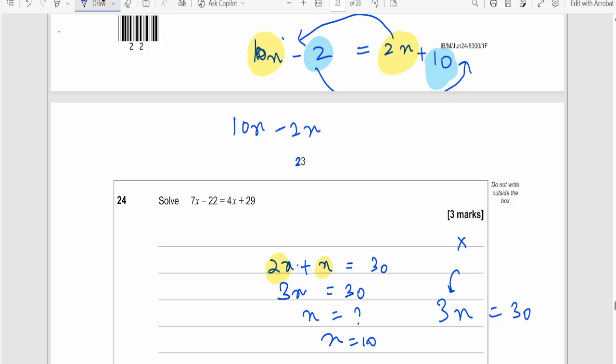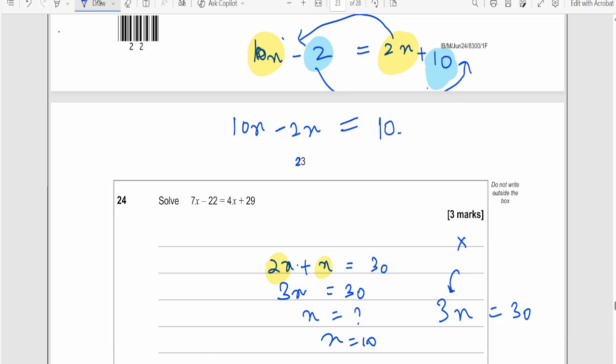Then we have the equal sign here. This side we already have 10. We are moving it to this side, so this negative 2, if you move it to this side, will it become plus 10?